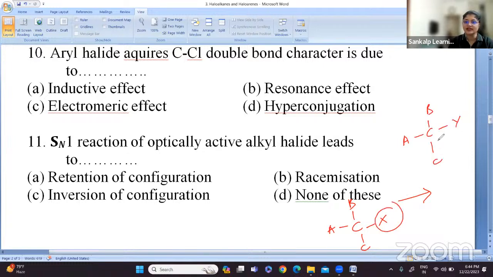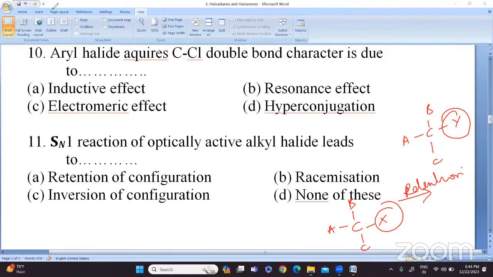Only there will be a replacement. So this is called retention. Retention means no bond to the stereo center will be broken, so the reactant and the product will have the same configuration.